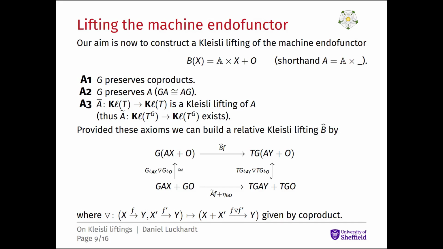So the only thing left is that we need this Kleisli lifting of A. And now we have reduced this to a further problem: when can we lift this multiplication? So we basically got rid of the O.